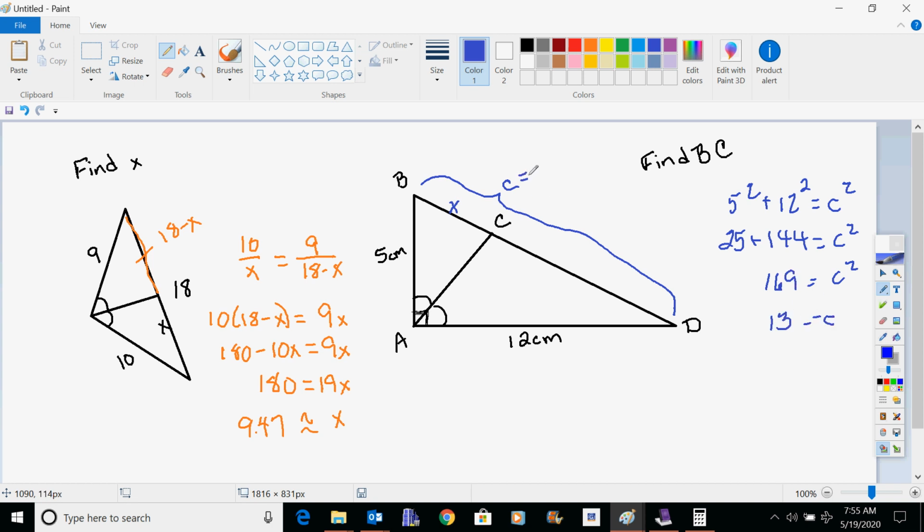So this is 13. So if 13 is the whole piece, then once again we can subtract, and this will be 13 minus x. We need that so we can set up a proportion. 5 over x equals 12 over 13 minus x.